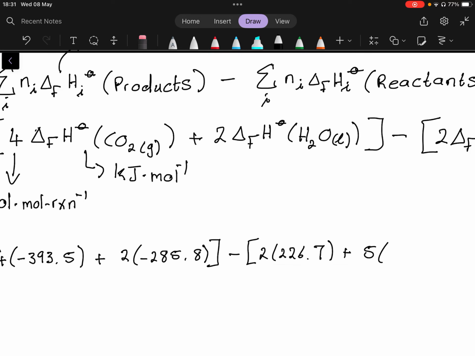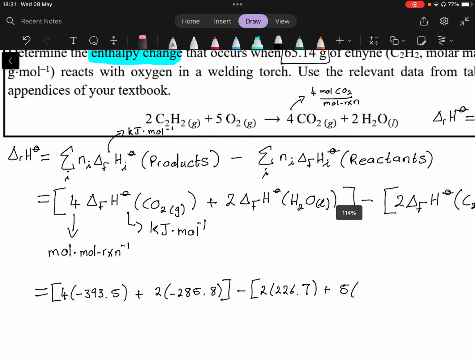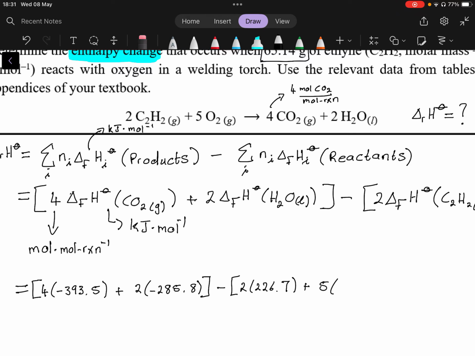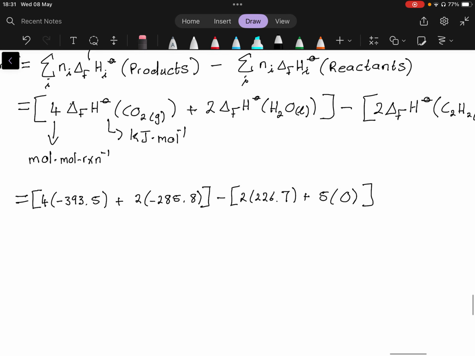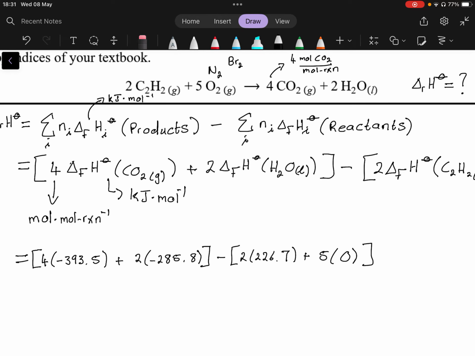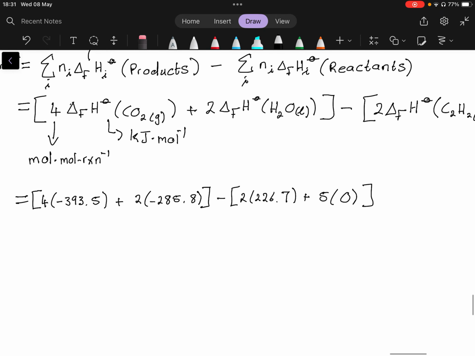plus 5 times, what you'll notice is there isn't one for oxygen. And why? For molecular elements, like oxygen, nitrogen, bromine, your formation enthalpy is 0. For other compounds that consist of different components, so not 2 oxygens or 2 bromines, CO2 for example has 2 different components, carbon and oxygen, there are numbers.